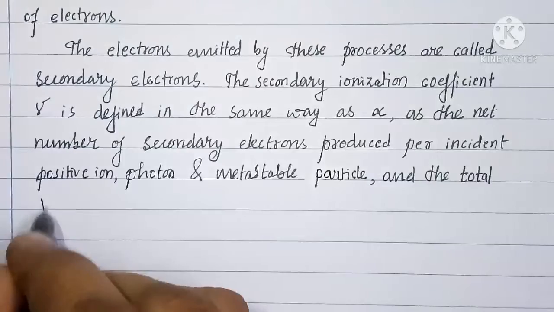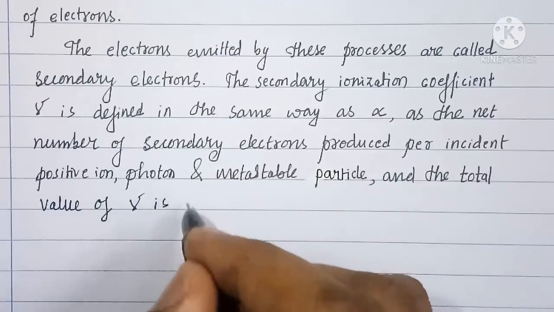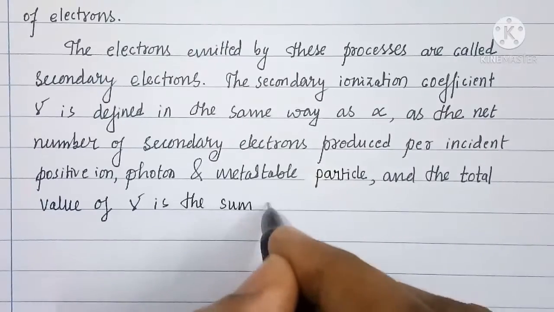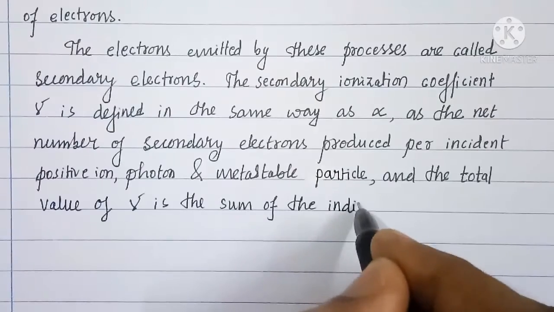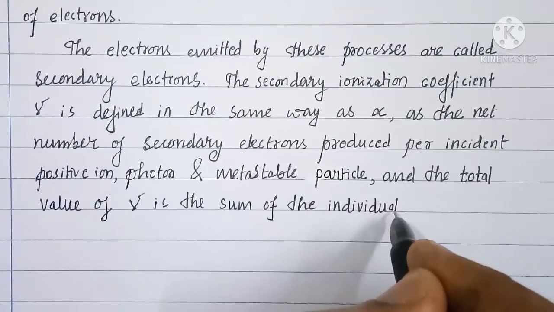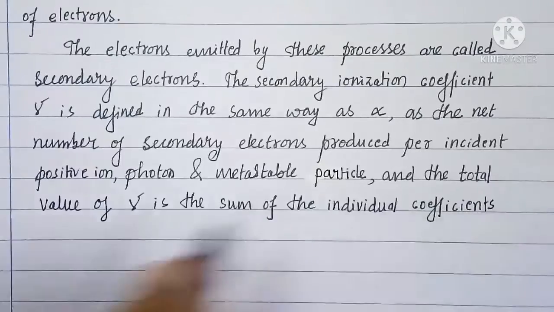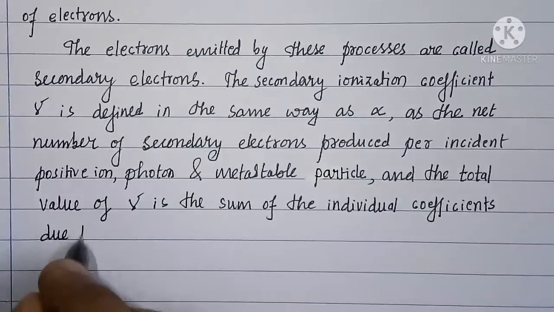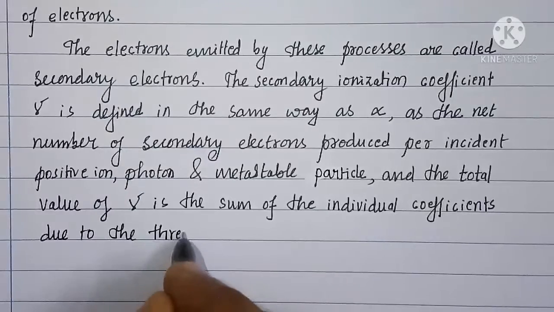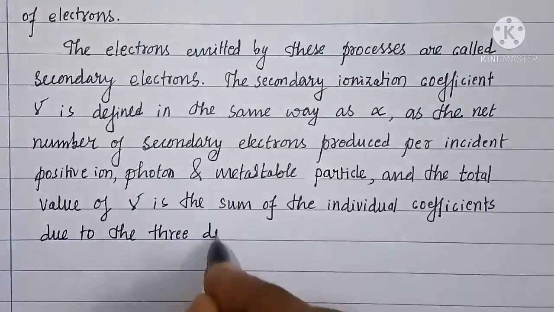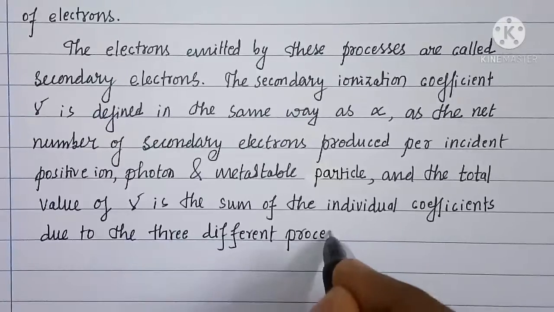And the total value of gamma is the sum of the individual coefficients due to the three different processes explained above, right?